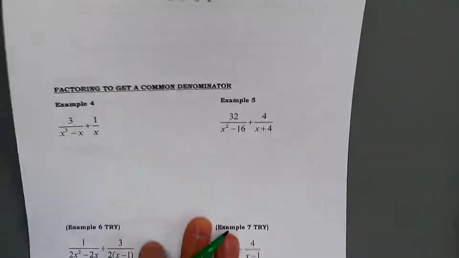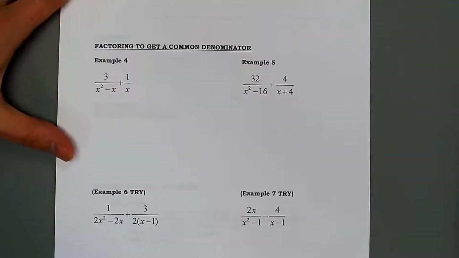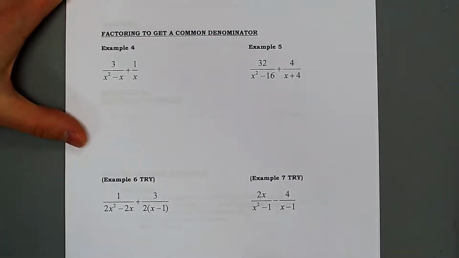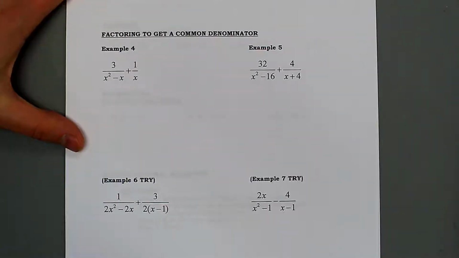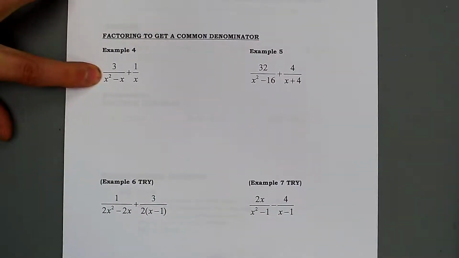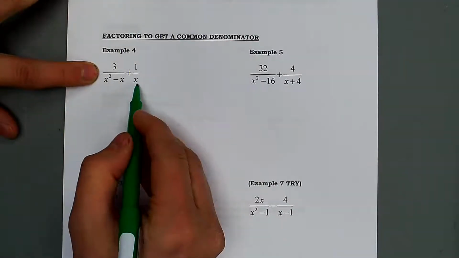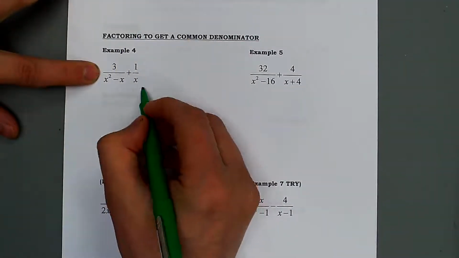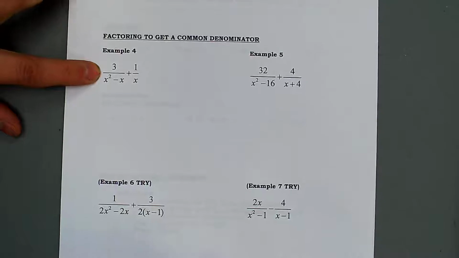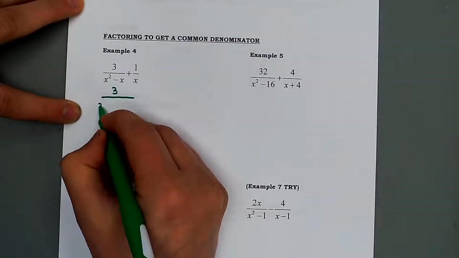So we're going to make sure we can tackle some of the most challenging ones, factoring to get a common denominator. Now, in this case, it looks like we've got something totally different than this one. Again, I can't subtract to get what we want, but what I can do is factor if things look like on the denominator they can factor.